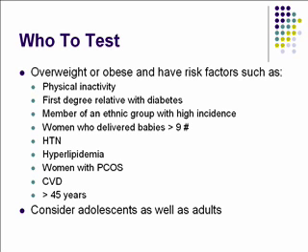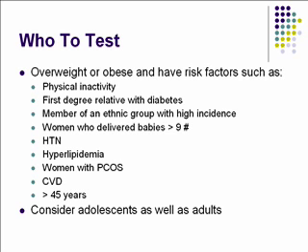Well, we often run plasma glucose screening routinely on many people, but certainly you want to be sure to test overweight or obese patients who have risk factors such as physical inactivity, a first-degree relative with diabetes, member of an ethnic group with high incidence of diabetes, women who deliver babies greater than 9 pounds, a patient with hypertension, hyperlipidemia, a woman who has PCOS, a patient with cardiovascular disease, anybody over 45 years of age who's overweight.